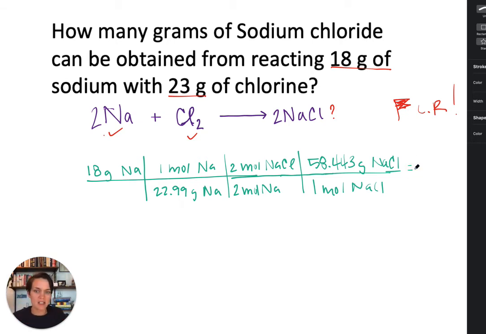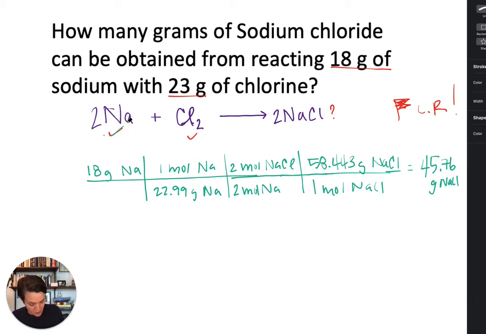It's so easy, and that's where this picket fence, I think, is just really great. It's the way Mrs. Burr-Michael taught me. Okay, so that's what I get if every single milligram of my sodium was used up.